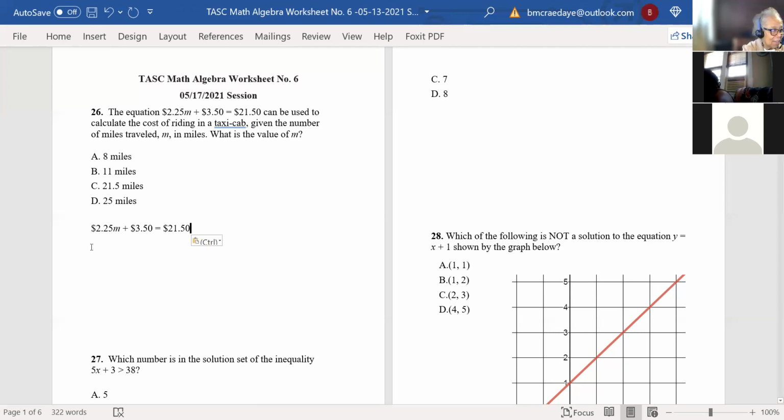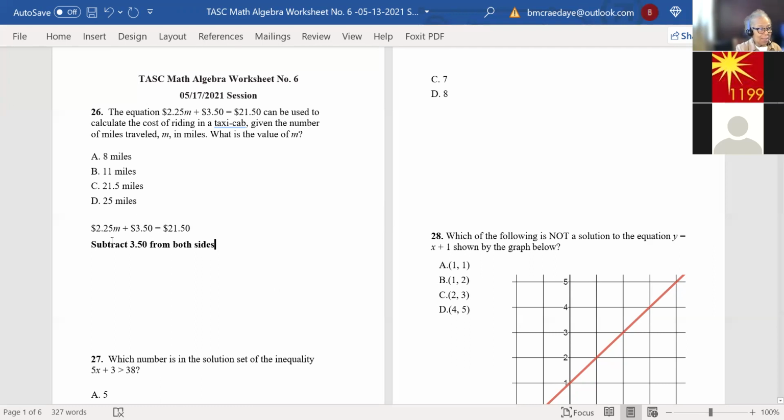The first thing I did, I subtract 350 on both sides. Yes. Very good. Subtract 350 from both sides. That's right.